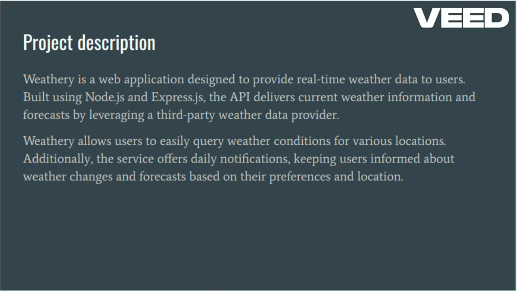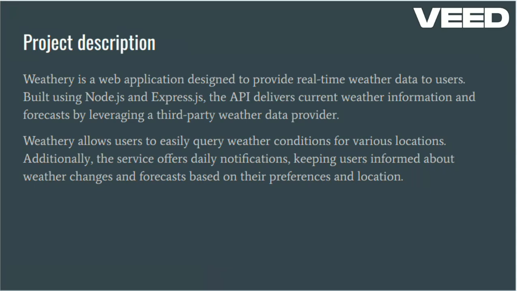So the project description. Weatherly is a web application designed to provide real-time weather data to users, built using Node.js and Express.js on top of it as a framework to handle the routing and all that. The API delivers current weather information and forecasts by leveraging a third-party weather data provider. Weatherly allows users to easily query weather conditions for various locations.